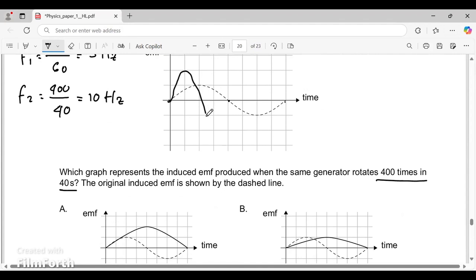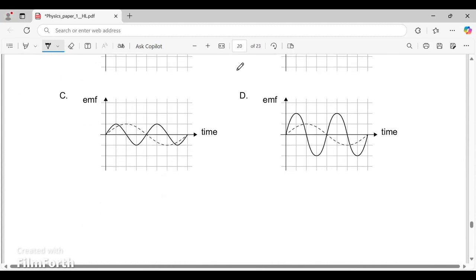It becomes two waves. The first wave, this one, and the second wave. Sorry, two waves. So this one, D, and X.